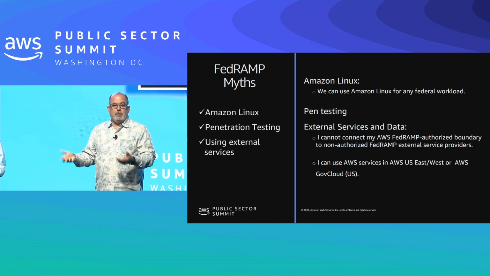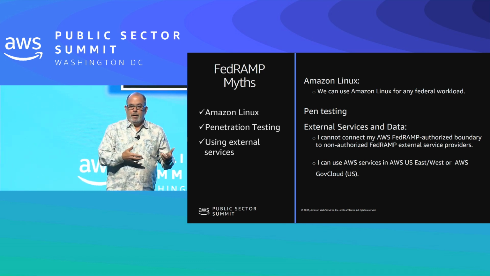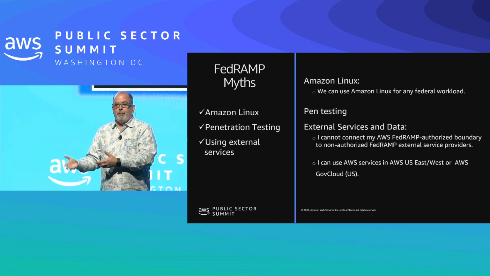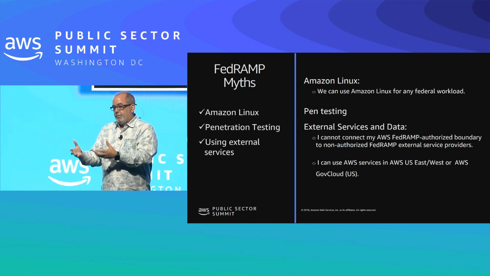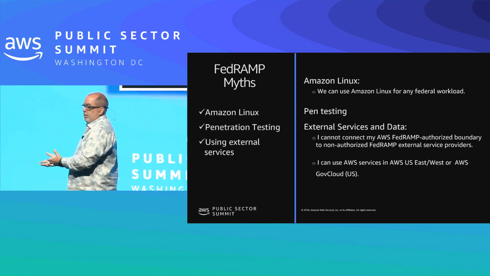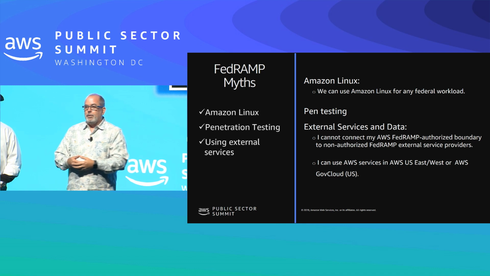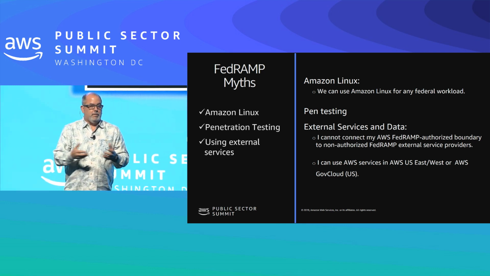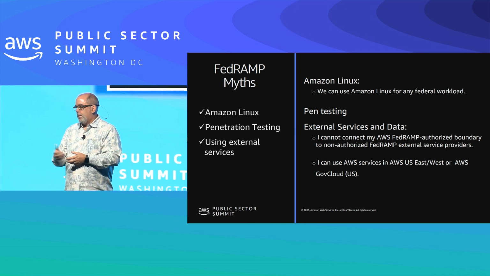A lot of times customers go out and build using Amazon Linux and then say, hey, I'm going to go through a regulated workload. And you find out that, unfortunately, you're using a service that wasn't fit for purpose. That's where we say you should use Red Hat or some other operating system that does meet those federal mandates.